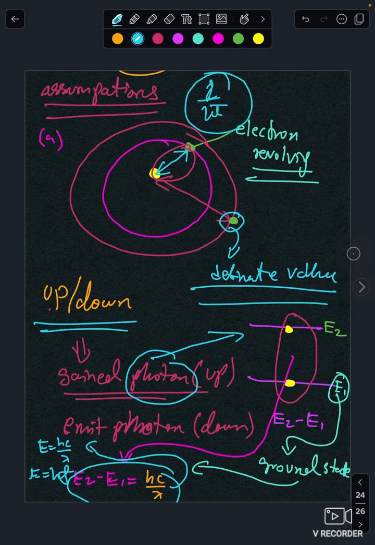So this L can be seen as nh over 2 pi. This last assumption is called Bohr's quantization rule, and the assumptions are known as Bohr's postulates.